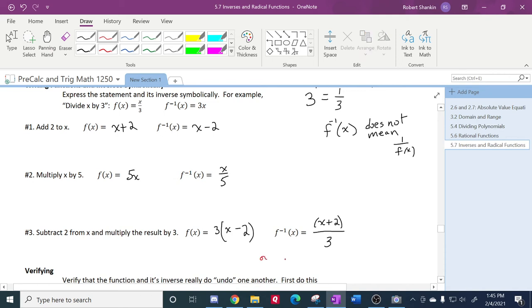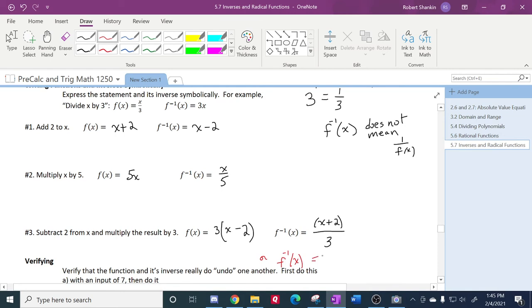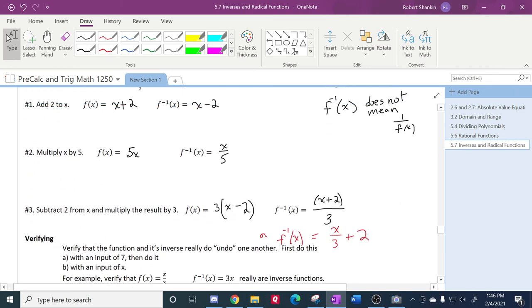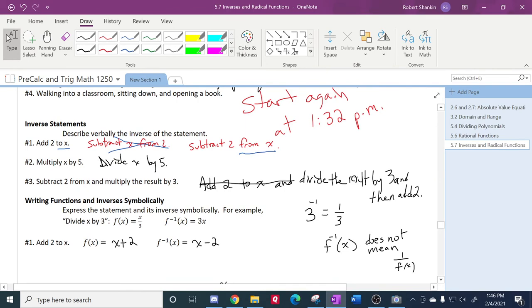Or divide by 3, do that first, and then add 2. So we have 2 possible options for the inverse. One, the first way we were writing it, add 2 to x first and then divide by 3, and the other one, divide the result by 3 and then add 2.